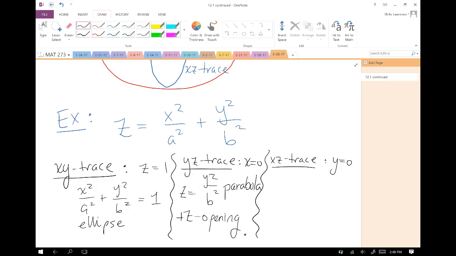All right, xz trace, if we let y equal 0, we've got z equals x squared over a squared. Does that mean y squared over b squared equals x squared over a squared? They could be, but they don't have to be.